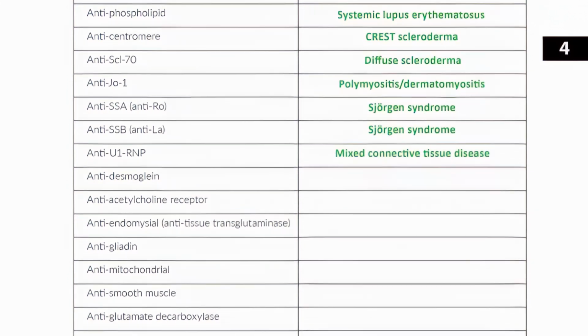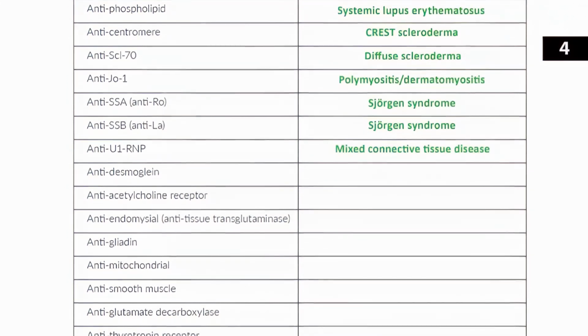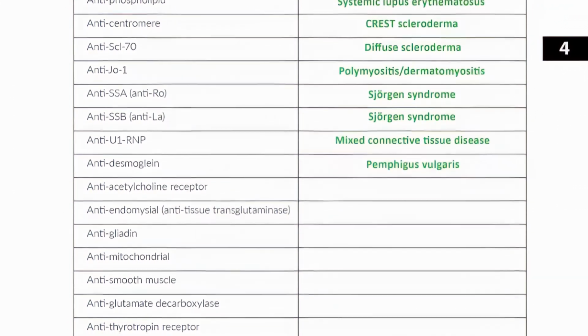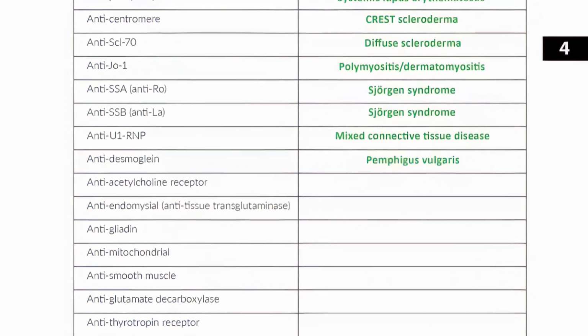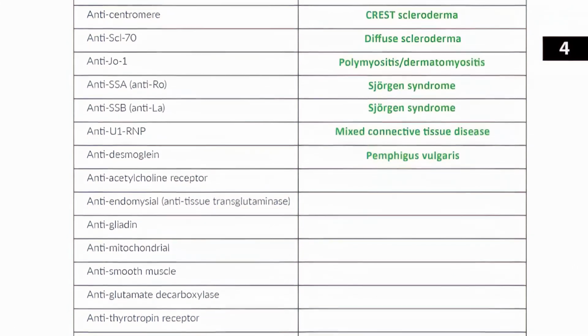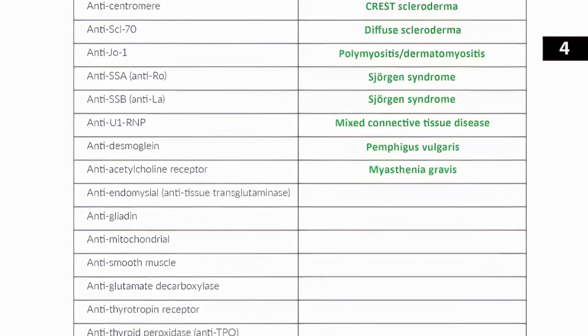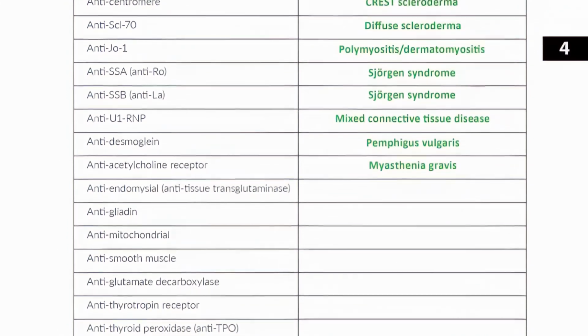And the next one is from dermatology, which is anti-desmoglein, seen in pemphigus vulgaris. Now, if you have an anti-acetylcholine receptor antibody, what disease is that? That's myasthenia gravis. Then we have a couple of GI diseases.